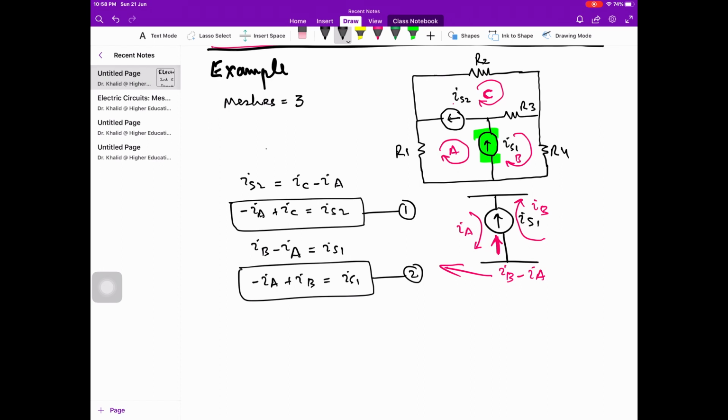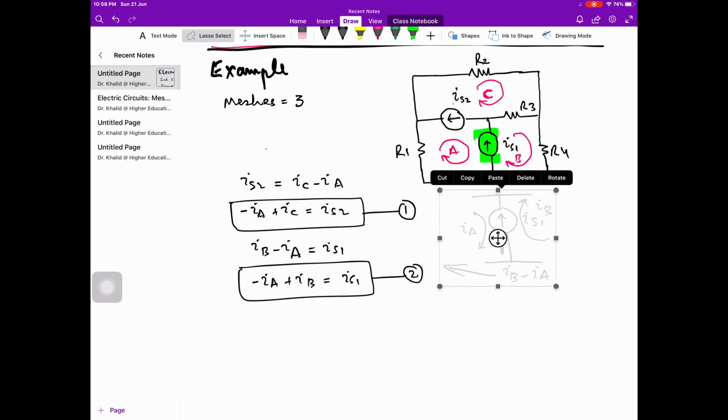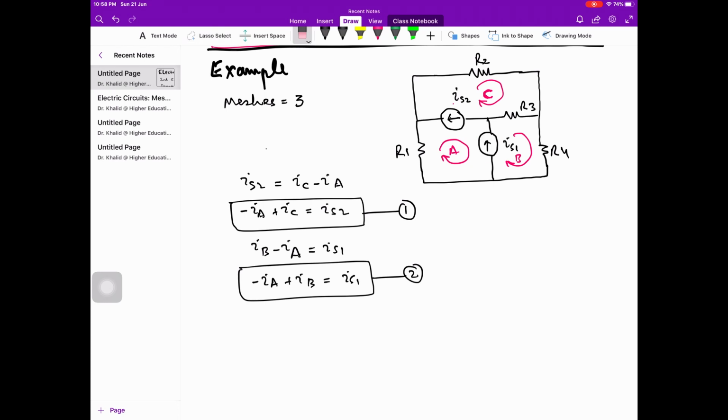Now, an interesting fact in this circuit is that, due to the current sources, if you look at mesh A, there are two current sources in it.